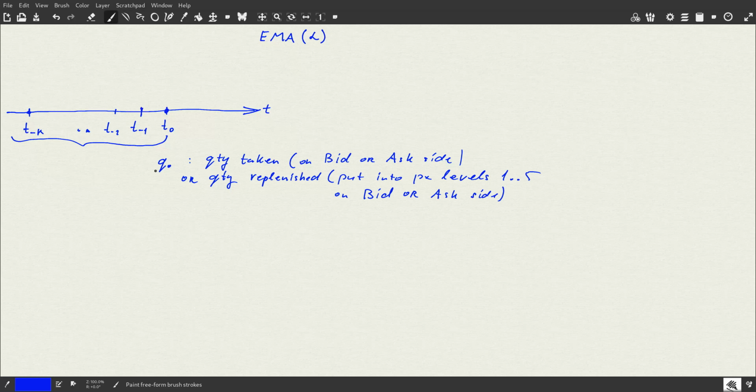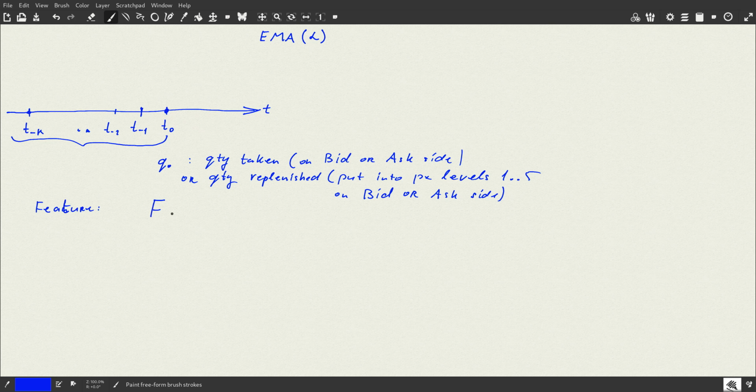With EMA, the corresponding feature you generate, let me denote it by F, would be the following.